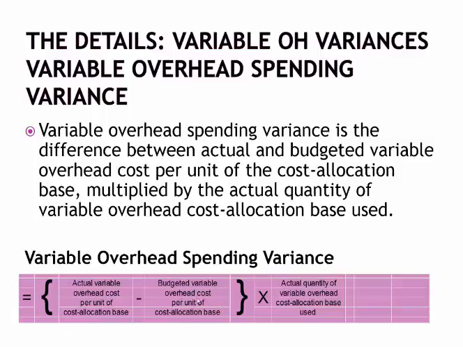This is the one we have calculated. We had $30 per hour for our budgeted rate. All right, so calculate the difference between those two rates and then multiply that result times the actual quantity of the variable overhead cost allocation base that was used. And that's going to give you the spending variance.